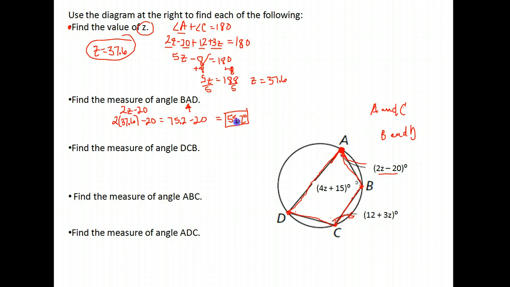Next we are asked to find the measure of angle BCD. Again, look for that middle letter in the name. That will tell you where your angle is located. It's located at C, so this is the angle we're talking about. It was 12 plus 3z.